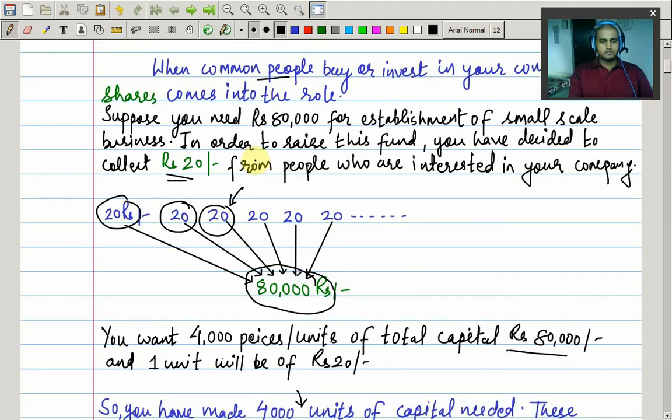So here I have an example explaining what I mean by share in terms of rupees or figures. Suppose you need 80,000 rupees for establishment of a small scale business. In order to raise this fund, you have decided that people will invest rupees 20, a very small amount, from common people who are interested in your company.